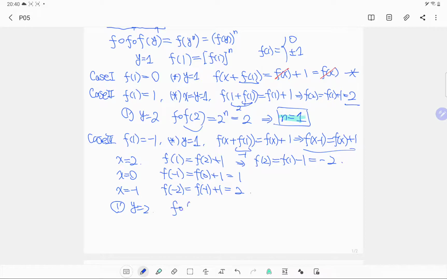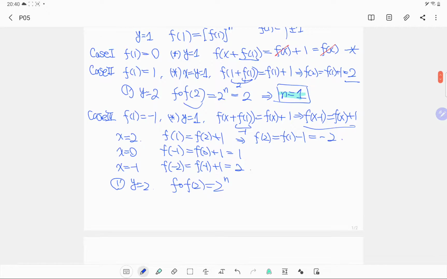So we have f of 2 equals 2 to the nth power. Here f of minus 2 is 2, so 2 equals 2 to the nth power. So we can also conclude that n equals 1 is the only possible value for n.